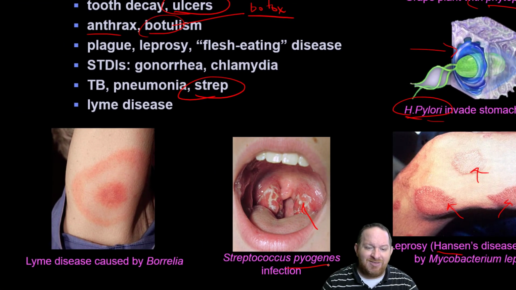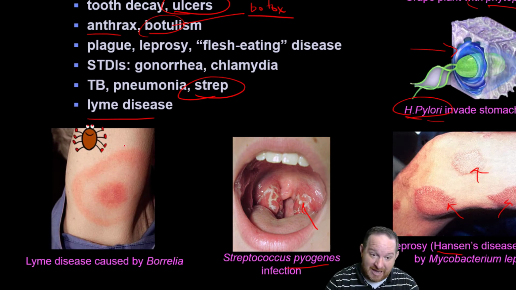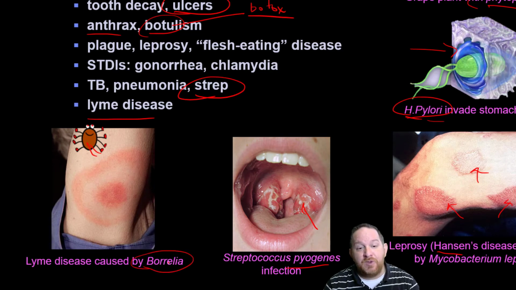Wait, Herder, I thought Lyme disease was caused by these ticks that come and bite you. That causes Lyme disease, right? Well, yes, but why? Because the ticks are carrying a bacteria, Borrelia, which actually is what leads to Lyme disease.